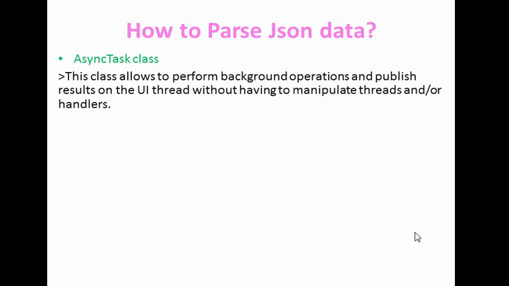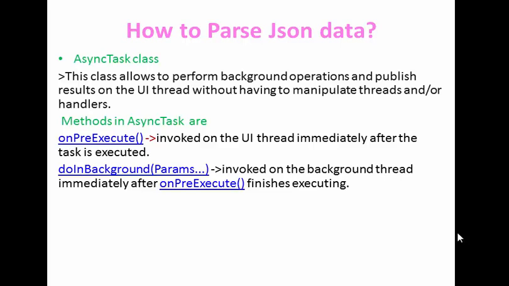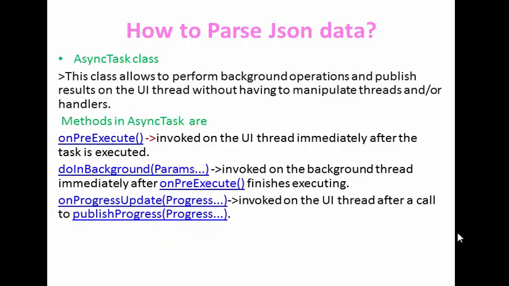AsyncTask is defined by three generic types called Params, Progress, and Result, and it has four steps called onPreExecute, which invokes on the user interface thread immediately after the task is executed. doInBackground(Params) invokes on the background thread immediately after onPreExecute finishes executing. onProgressUpdate invokes on the user interface thread after a call to the publishProgress method.